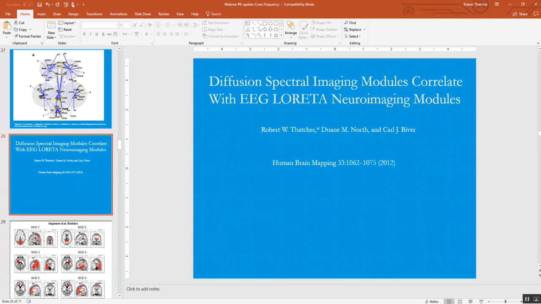Now, myself and colleagues asked ourselves, well, if there's clustering of hubs like this, then we hypothesized that one should be able to measure the differences in current density using LORETA and correlations between hubs using LORETA, because LORETA, low resolution electromagnetic tomography, is a measure produced by synchronous synapses.